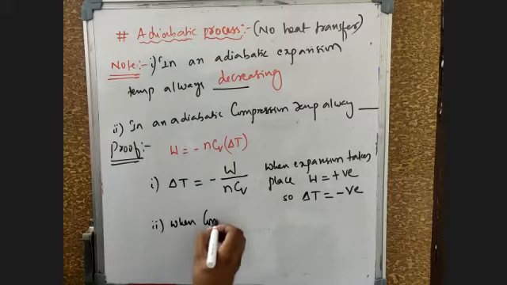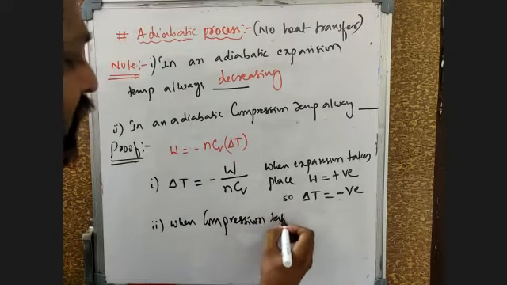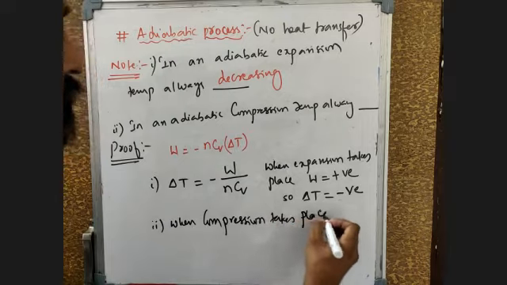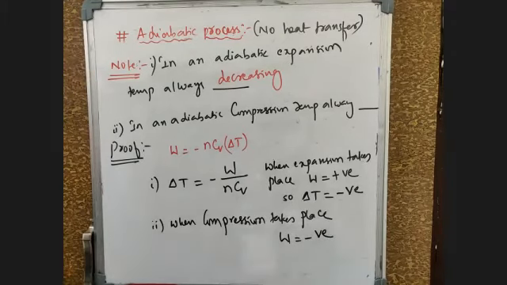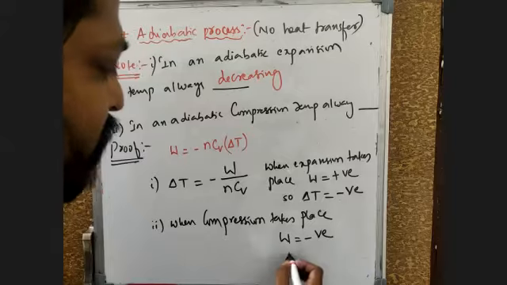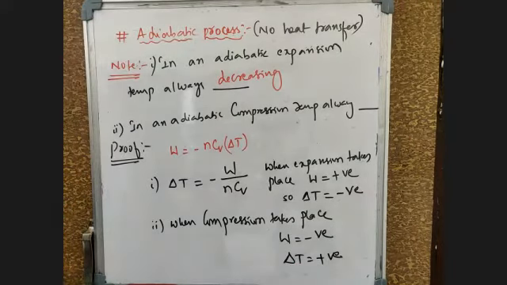Now see, when compression takes place, work done will be negative. When work done is negative, delta T will be positive, because negative into negative is positive.